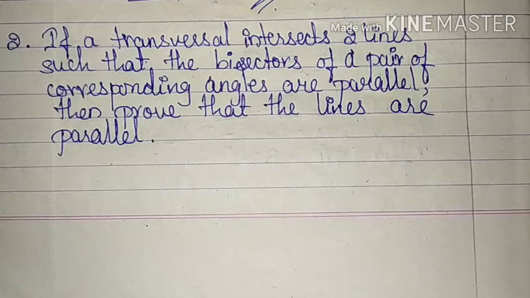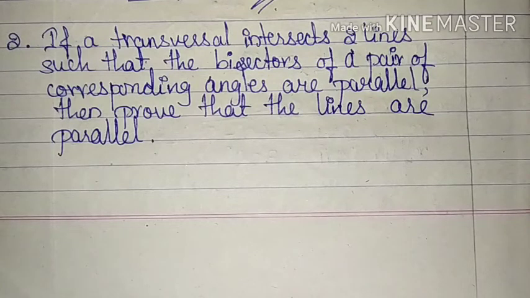Whenever a transversal intersects lines, it forms pairs of corresponding angles. They are equal or not, that depends on if the lines are parallel or not. And since we don't know if the lines are parallel or not, we don't know whether those angles are equal or not.